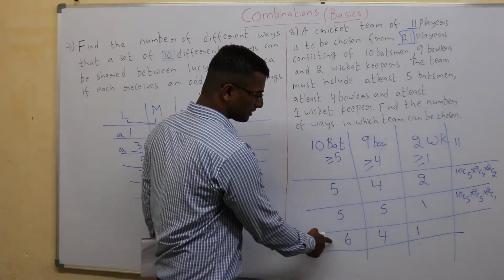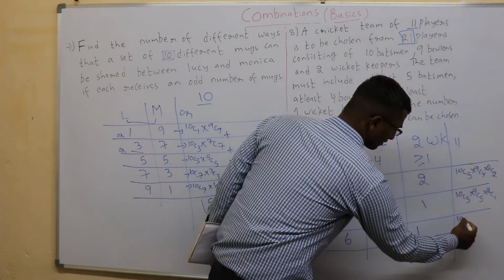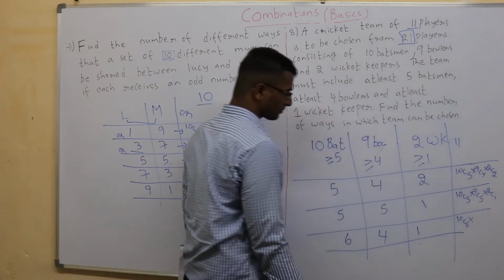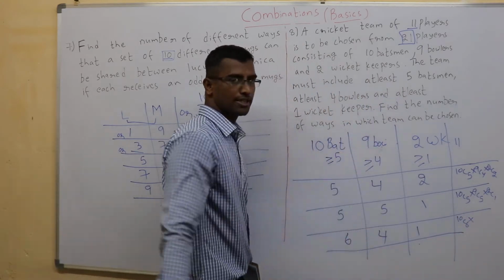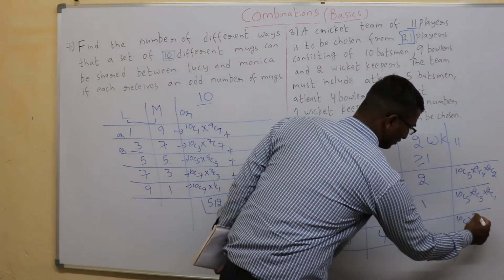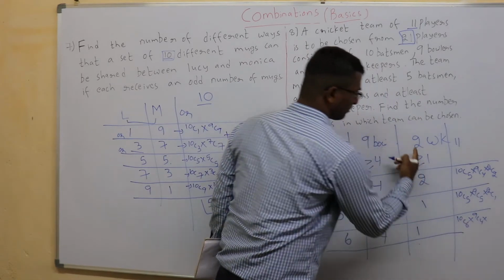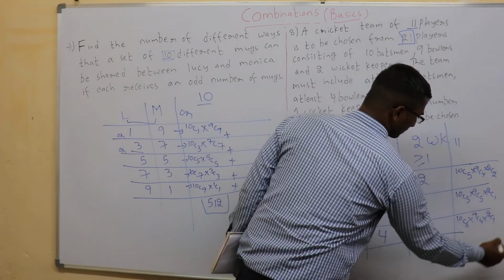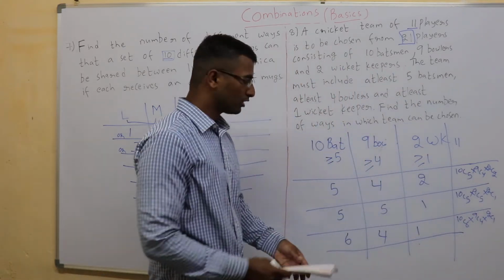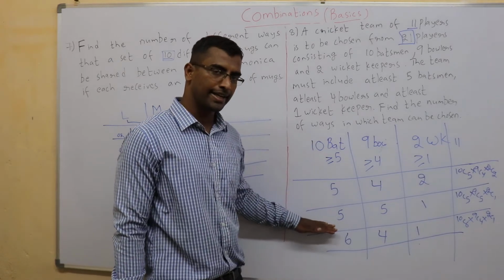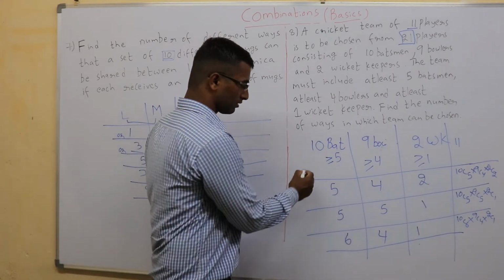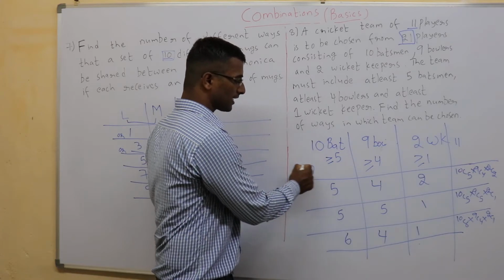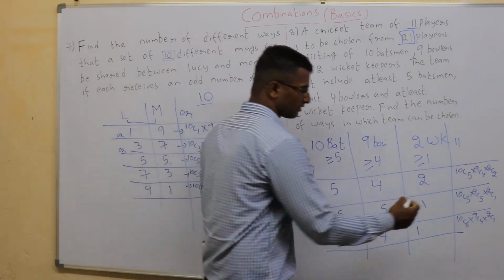Now from 10 batsmen you are selecting 6, so 10C6. From 9 bowlers you are selecting 4, so 9C4. From 2 wicket keepers you are selecting 1, so into 2C1. It could be the first row or the second row or the third row. So whenever or has come, you need to add.